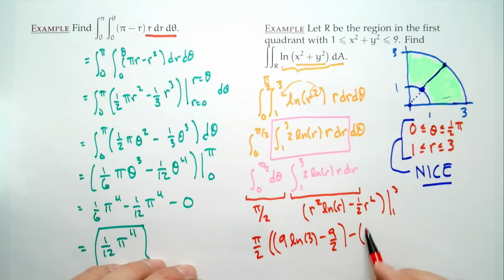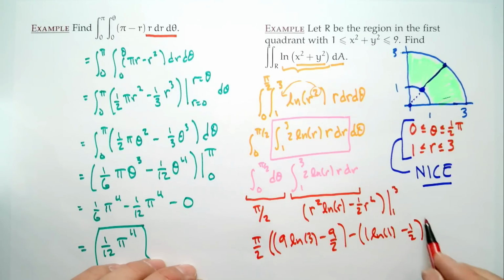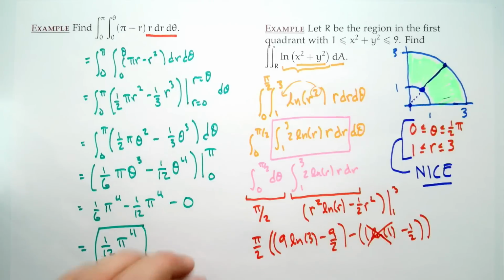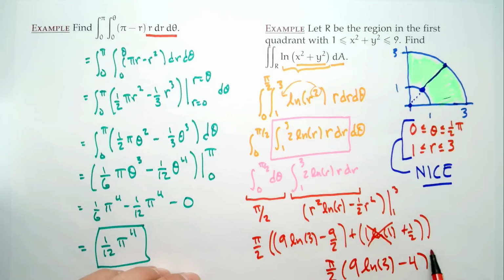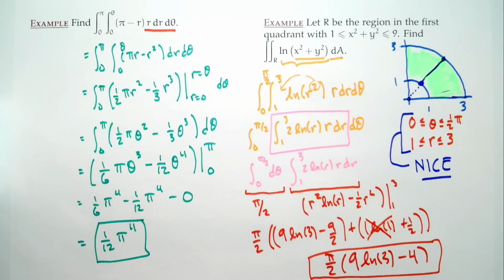Subtract 1 log of 1 minus 1/2. Well, log of 1 is 0. That goes away. Minus minus makes a plus. So instead of minus 9 halves, it's really minus 8 halves, also known as minus 4, because that's minus 4.5. So we end up with pi halves, 9 log of 3 minus 4. And there we go. Good, done.